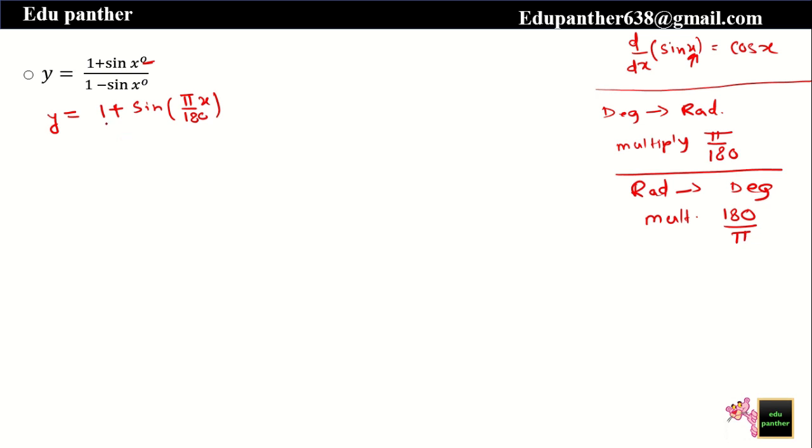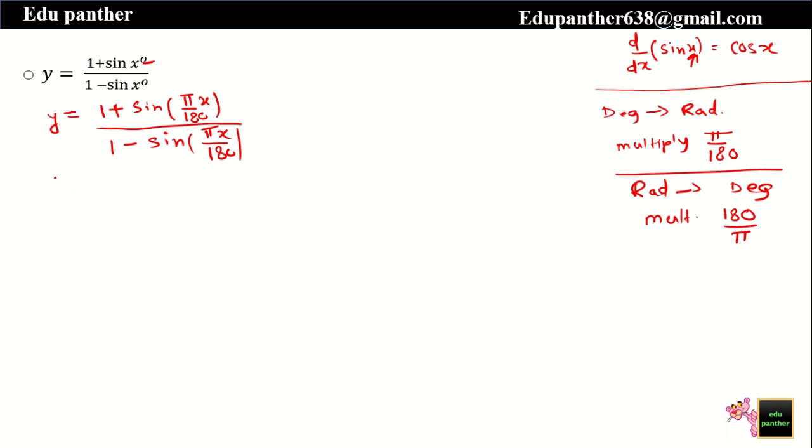So now this is in radian, divided by 1 minus sine pi x over 180. Same process, multiply this angle with pi over 180. So now we have written this term in radian.